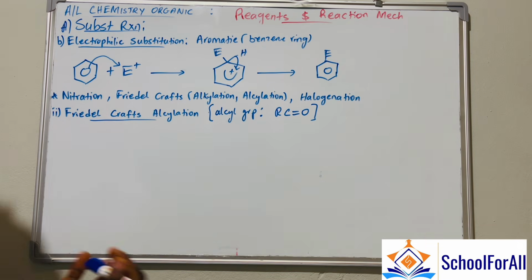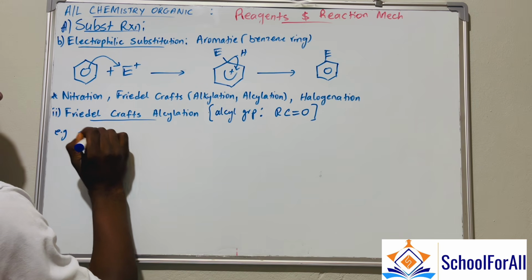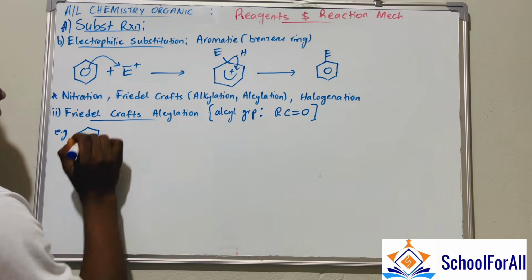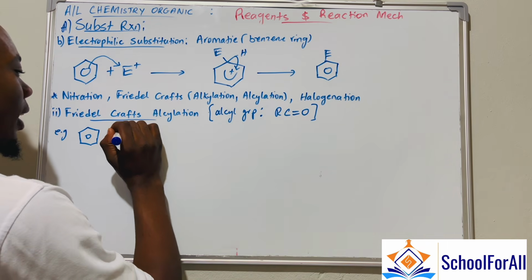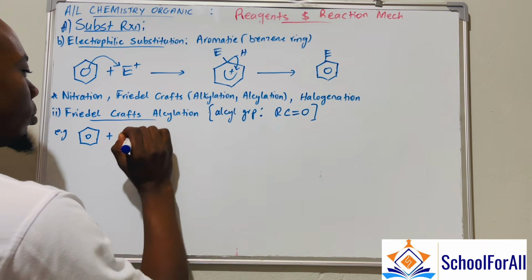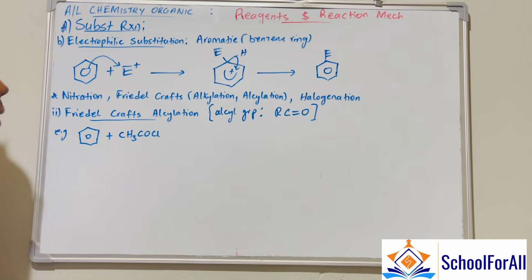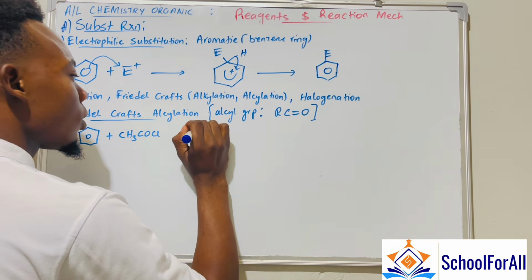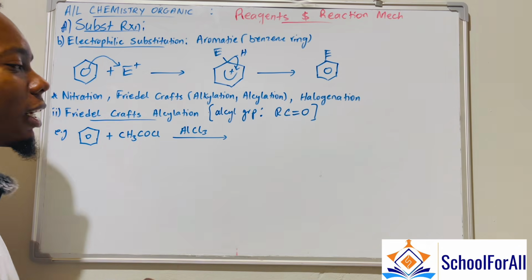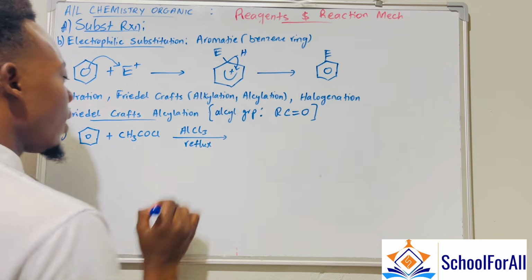So what happens in Friedel-Crafts alkylation? I will have an example. I will react my benzene ring with, let us say, an acid chloride, which generally produces a better yield. I react it with a Lewis acid such as aluminium chloride. You can also use iron trichloride; either of them will do. This is done under reflux.